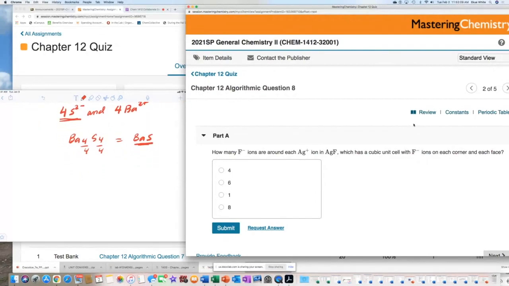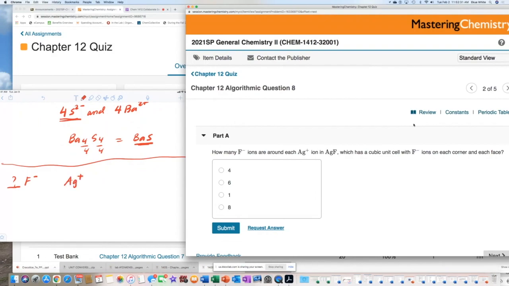Okay, so here they're asking us how many F minus ions are around each Ag plus. Very similar question, right? So here we're trying to find how many F minus ions. What's the number here? And then they're going to tell us how many Ag pluses there are.